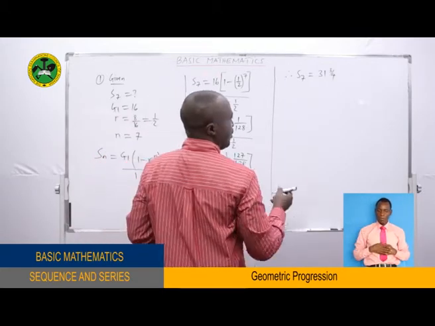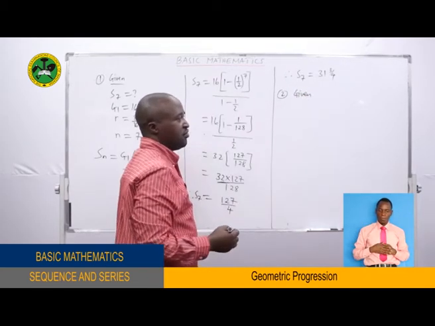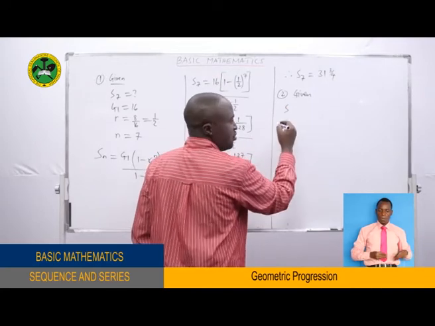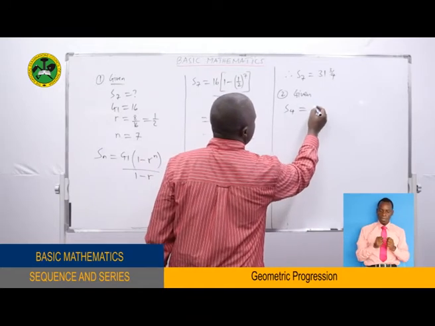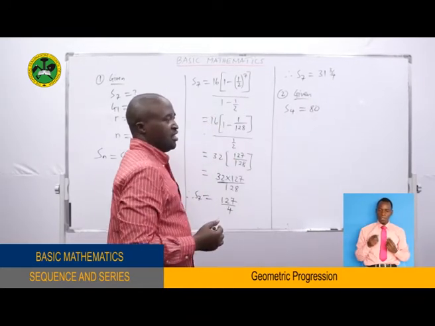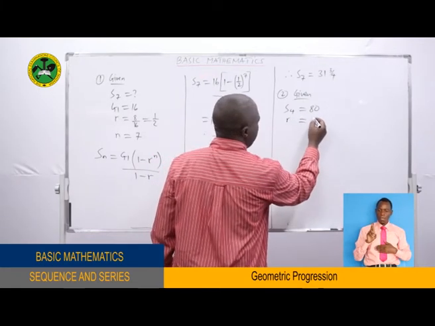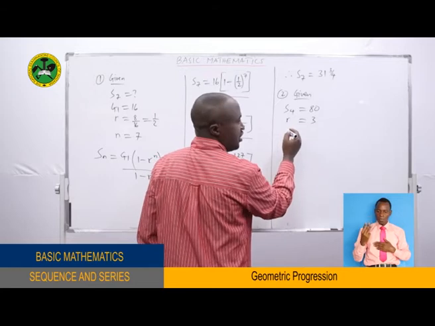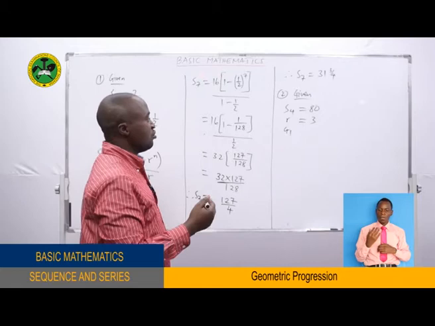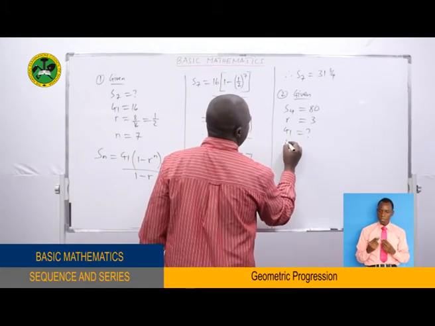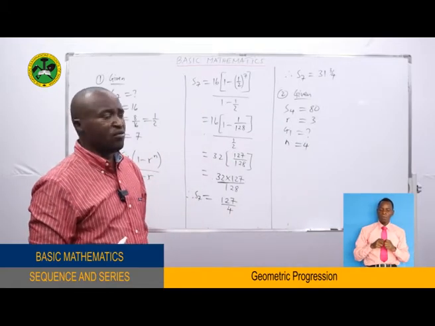So given, that is number 2, again here we have the sum of 4 terms of the geometric progression. This one is equal to 80. And again we have the common ratio. So here r is equal to 3. We are supposed to find the first term, that is G1. In this case, the number of terms is equal to 4. So here n is equal to 4. So r is greater than 1.